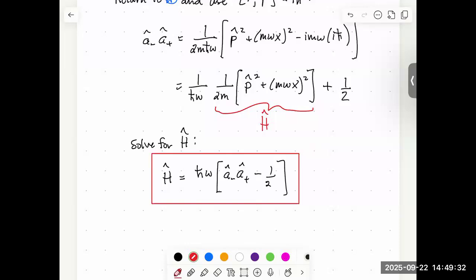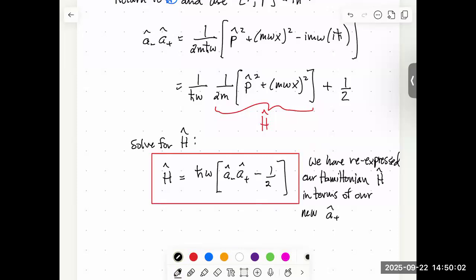Okay, so we have re-expressed our Hamiltonian. And when I say Hamiltonian, you can think time-independent Schrodinger equation, in terms of our new a hat plus minus operators.